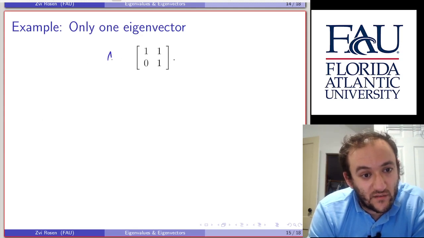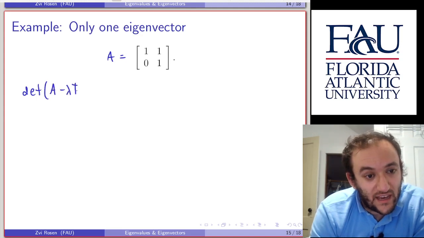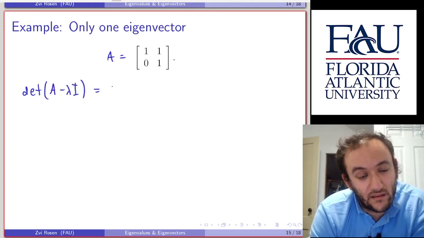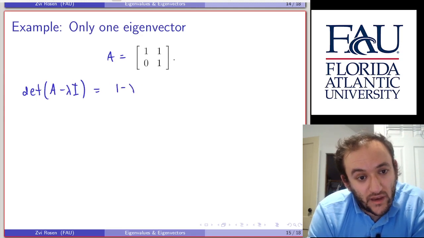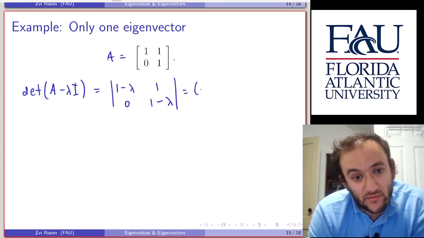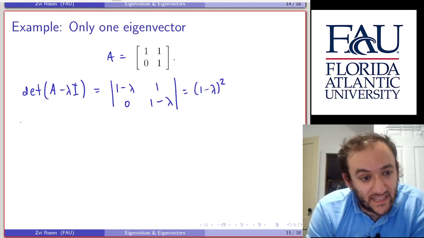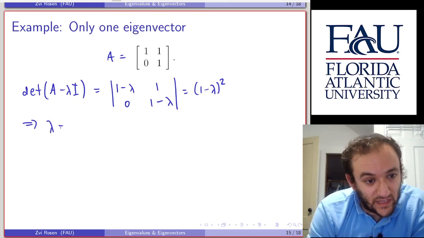If this is our matrix A, and we're taking the determinant of A minus lambda I, we get (1 minus lambda, 0, 1, 1 minus lambda), which comes out to (1 minus lambda) squared minus 0 times 1, which is just 0. So that means that lambda equals 1 is the only eigenvalue.